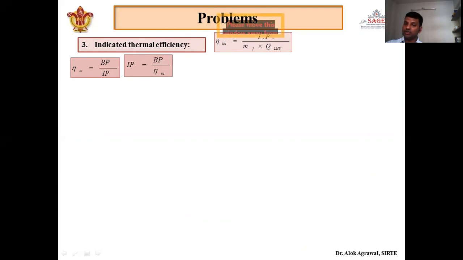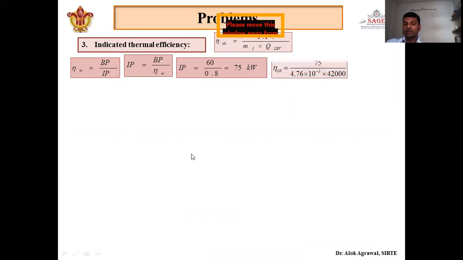So first we have to calculate the indicated power, which is calculated by the mechanical efficiency relation. From here we get indicated power as 75 kilowatt. Now by substituting indicated power as 75 kilowatt in this equation, we get indicated thermal efficiency as 37.51%. Here MF is 4.76 into 10 to the power minus 3, which we have just calculated.